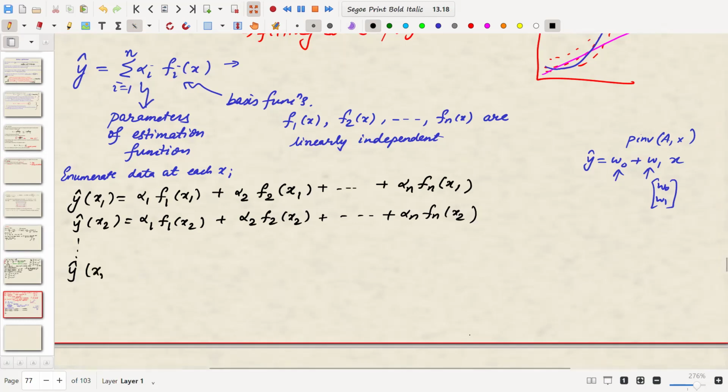So suppose I have m data points, but n basis functions and n alphas. I am writing this totally generally. You understand, right? Y cap at xm, what should I write? Alpha 1 f1(xm) plus, and so on.